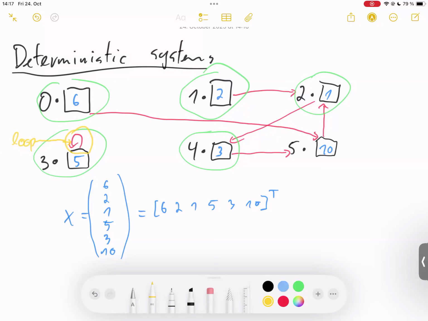So these 6 entries in 0 would all go to 5. The ones from 1, these 2 entries, would all go into 2. This one entry that is in 2 would go into 4. Everything from 4 would go to 5, and everything that is in 5 would move to 2. So 2 has 2 incoming ones from 1 and 5. 5 has 2 incoming ones from 0 and 4, and so forth.